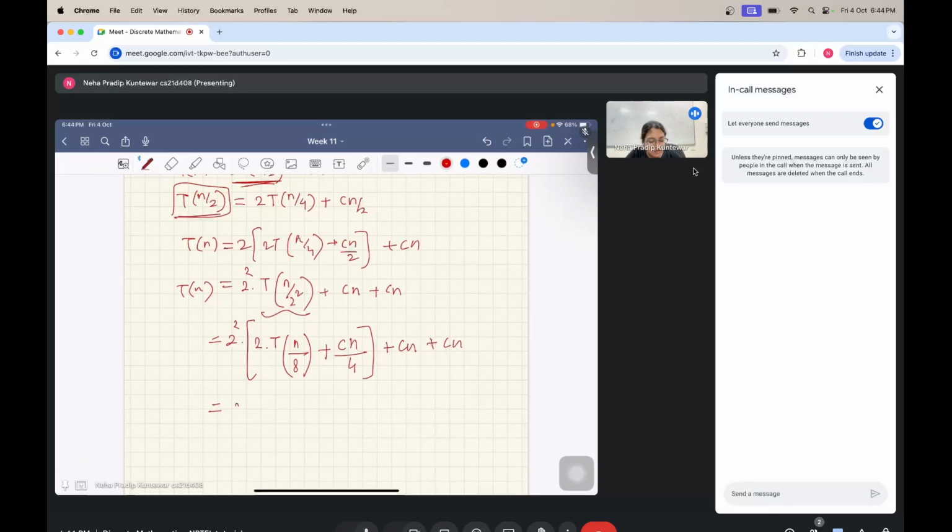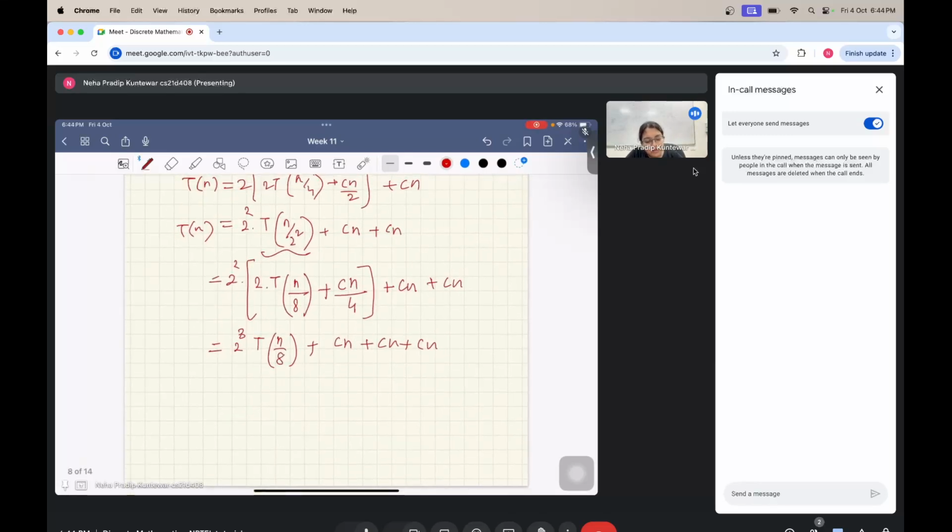Now this turns out to be 2 cubed T(n/8) plus Cn plus Cn plus Cn. And now you can see there is a pattern here. Every time you substitute, you get an extra factor of Cn. So this is 2 cubed T(n/2 cubed) plus 3 times Cn.